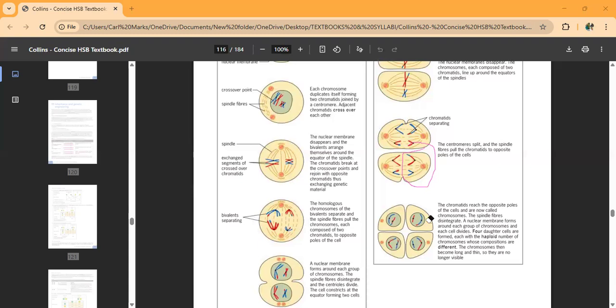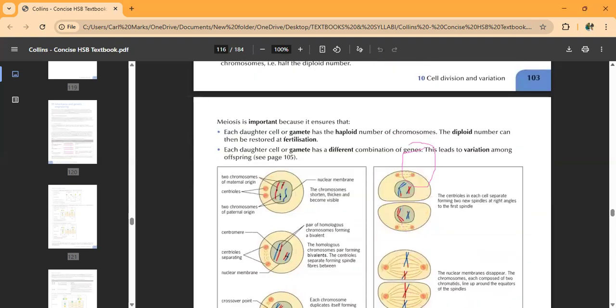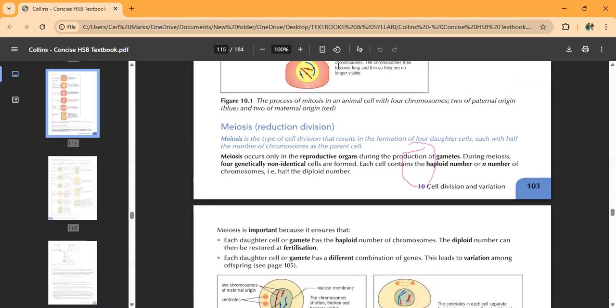The eggs have 23 chromosomes. So when they combine, we end up with 46 chromosomes, at fertilization.